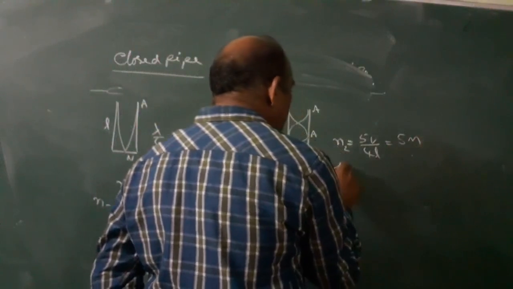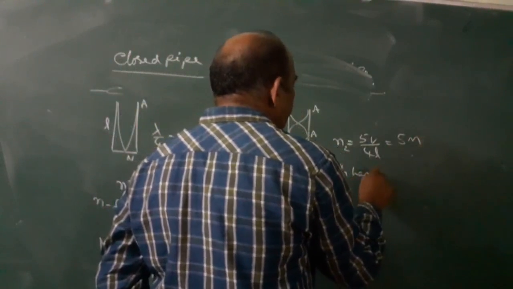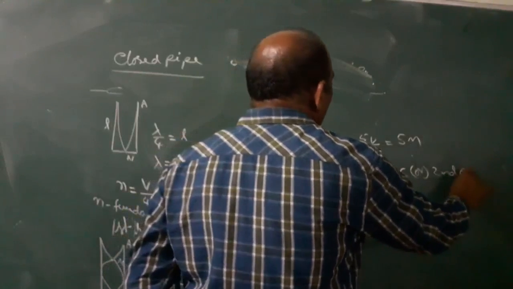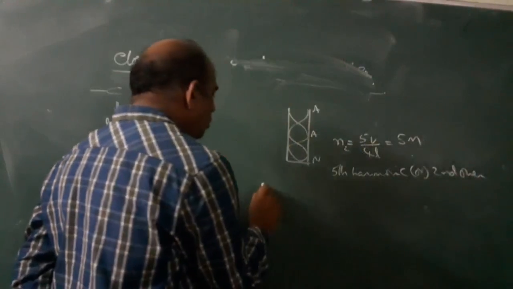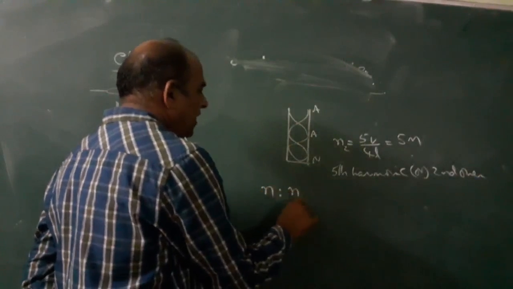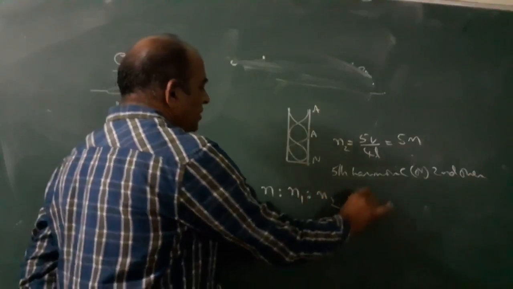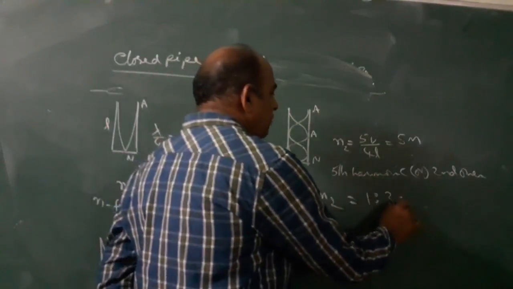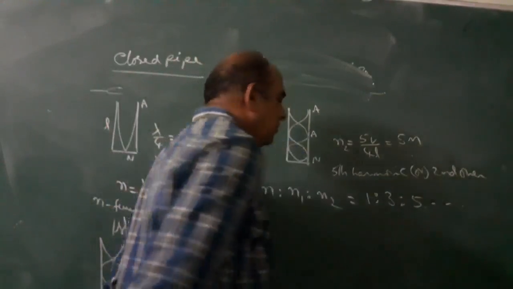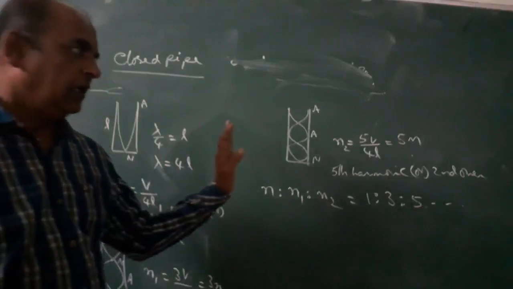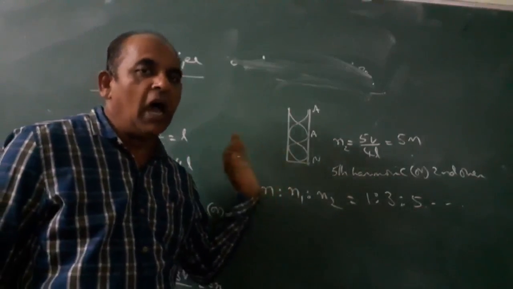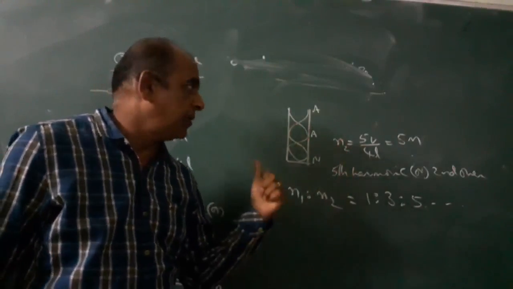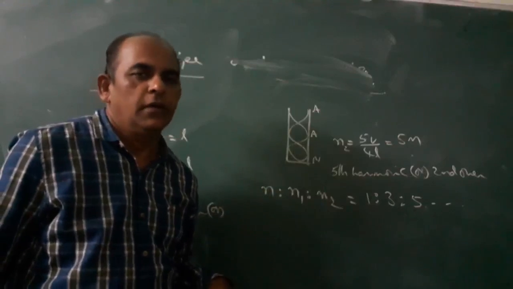That means the fifth harmonic or second overtone. Therefore, in a closed pipe, the ratio between the fundamental frequency and overtones is 1:3:5, etc. There are no even harmonics, only odd harmonics. First harmonic, third harmonic, fifth harmonic are present in the closed pipe.